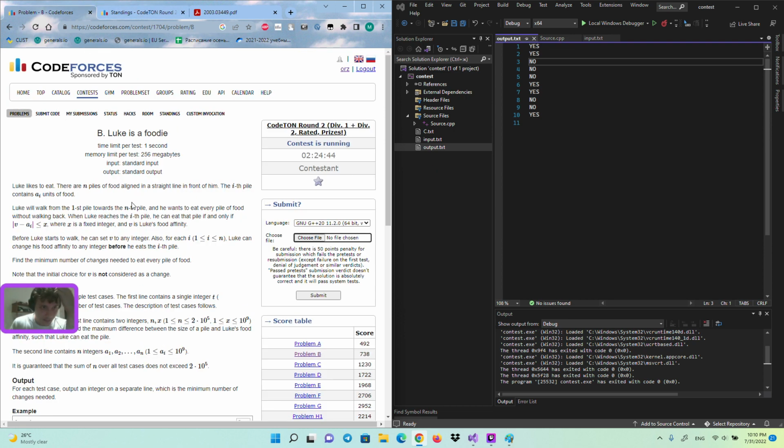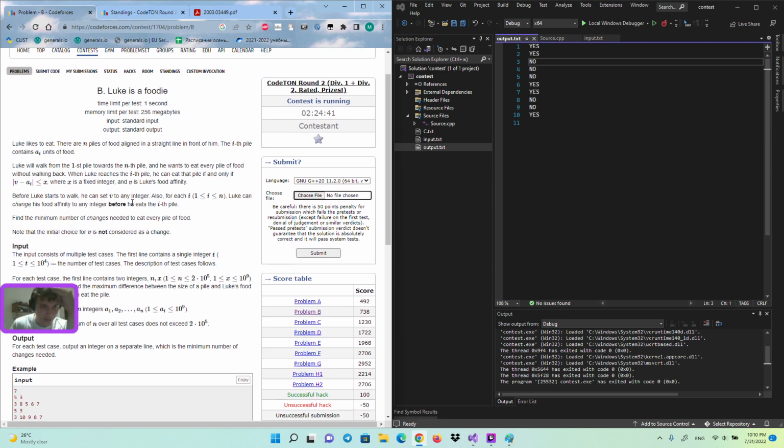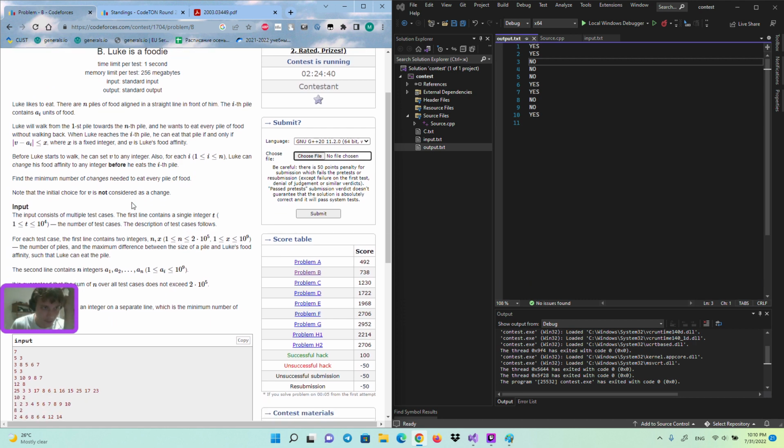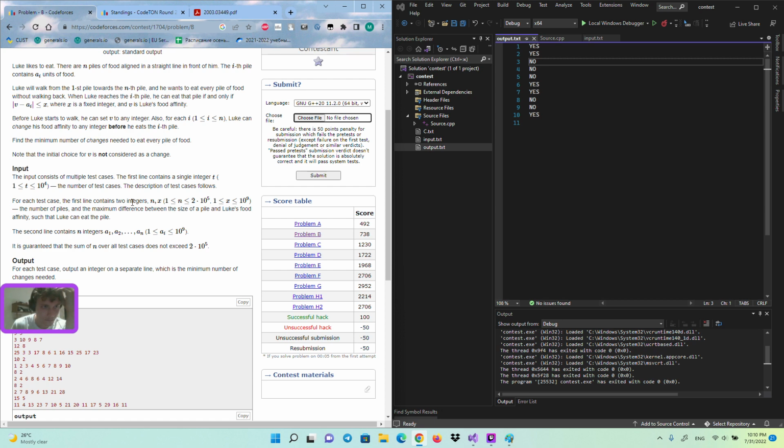Luke likes to eat piles of food in a straight line in front of him. The ith pile contains a_i units of food. He goes from the first pile to the nth pile.